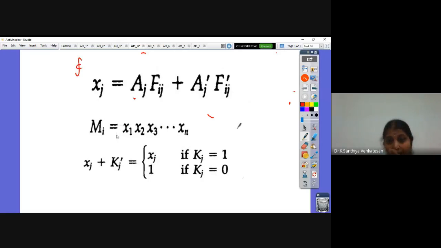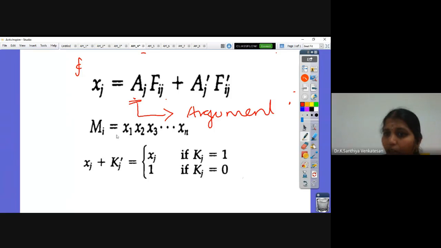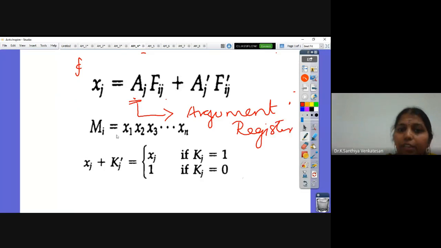This Boolean expression shows how we are going to do the match. You know A and F, I told you before. Aj is nothing but the bit stored in the argument register, and Fij is nothing but the bit stored in your memory word, that is, in your associative memory.